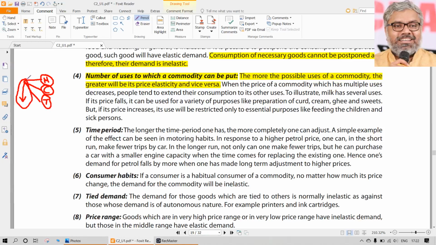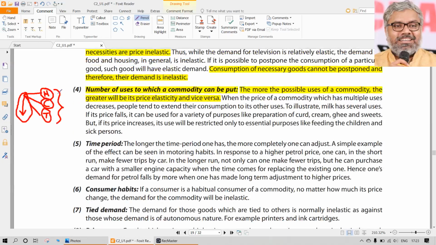If the price has reduced, what is the impact on the elasticity of demand of that product? Is it going to be more elastic or less elastic? If that product has multiple uses like this, it will be more elastic, because people start consuming it not only for one purpose but for many purposes. They will be using the same commodity, which means it will have a greater price elasticity.